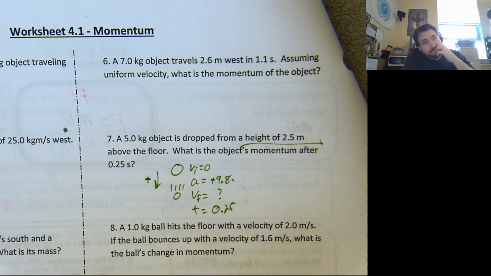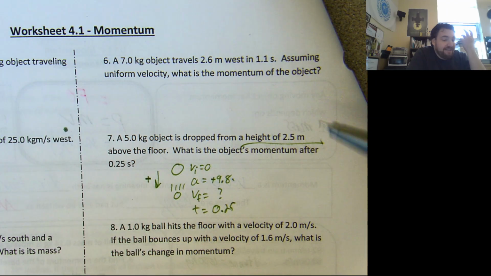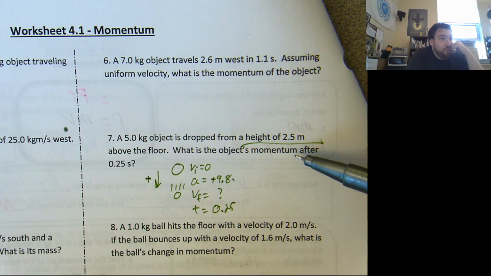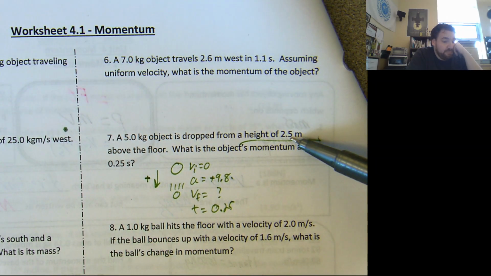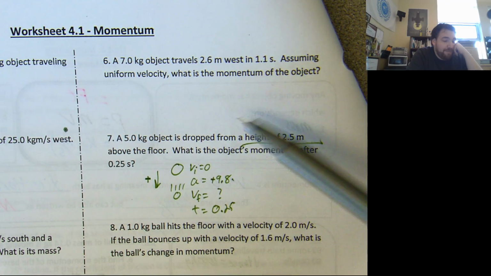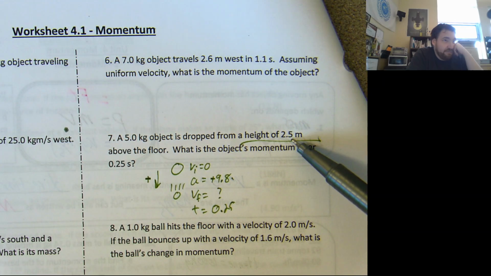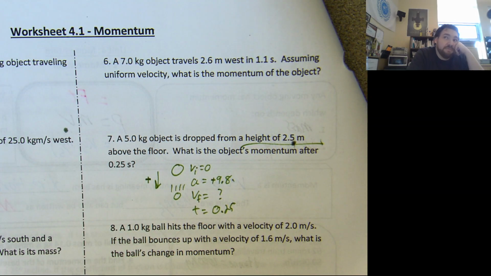Is that enough? Because if you think back to the lab we did, I had you drop from no less than 2 meters, and all of you had data for over a second. So a quarter of a second after something's been dropped from 2.5 meters, it hasn't hit the ground yet. You've done that lab. So you just need to find out VF.